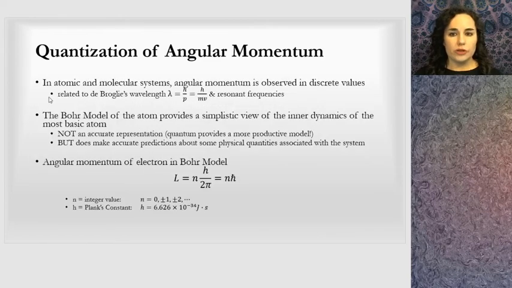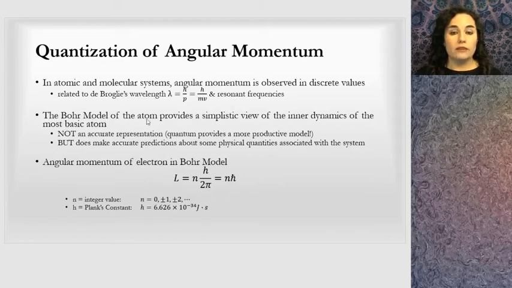I wanted to focus in on the quantization of angular momentum as an application. In atomic and molecular systems, angular momentum is observed in discrete values. That's what we call quantized. And without getting into details, this relates to the de Broglie wavelength and resonant frequencies for electrons orbiting atoms.